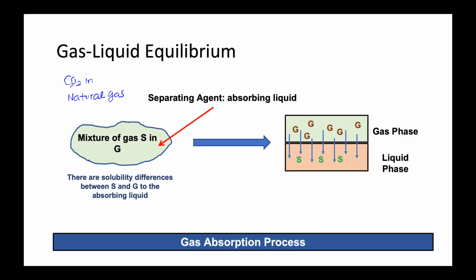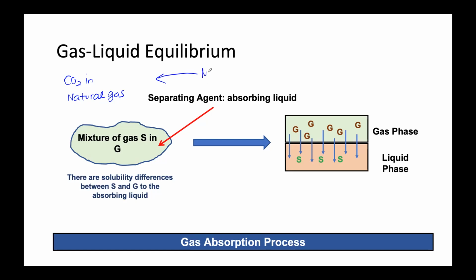The CO2 is the gas S, the natural gas is the G. Usually we add a separating agent, which for the absorber we call MDEA, an amine base, nitrogen base, MDEA solution.